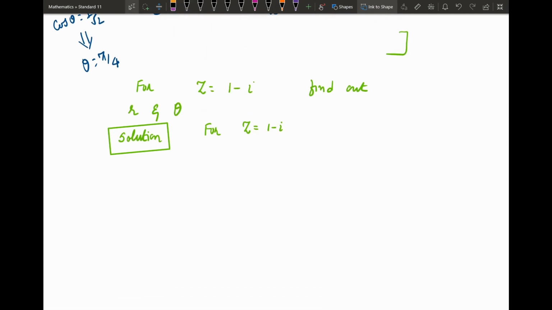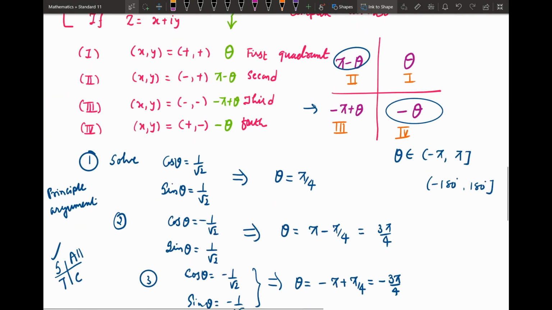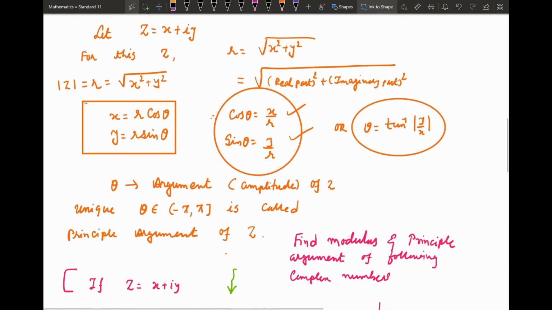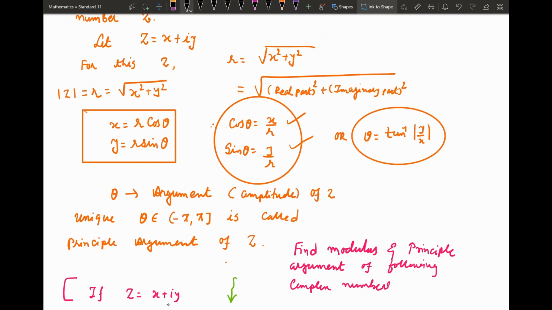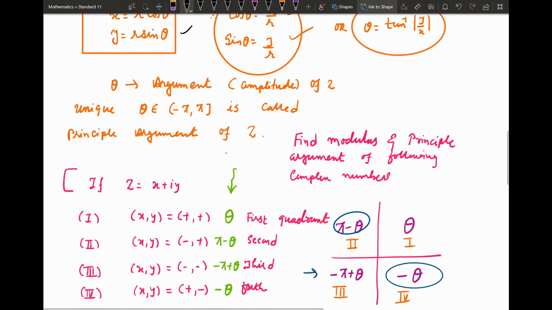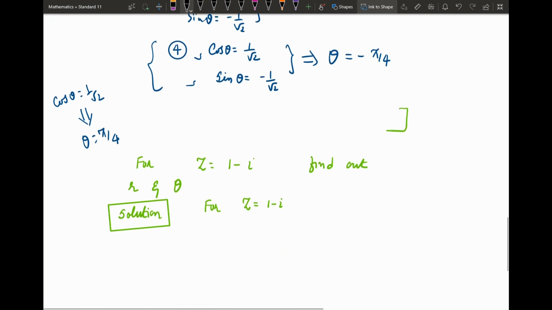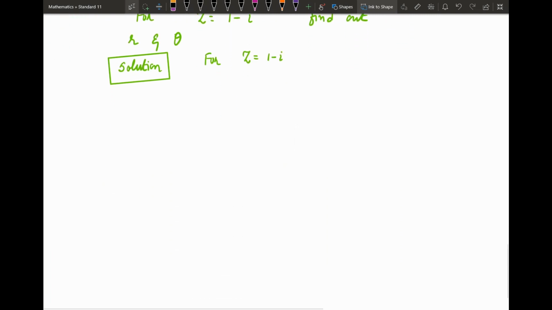So according to formula, when we compare it with x plus iy, we have to put x equal to r cos theta, y equal to r sin theta. So here x equals real part, x equal to 1, imaginary part, coefficient of i, is minus 1.